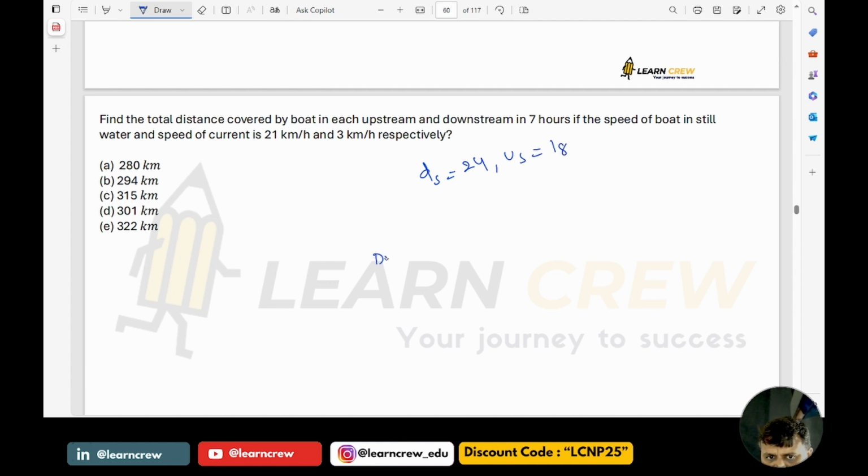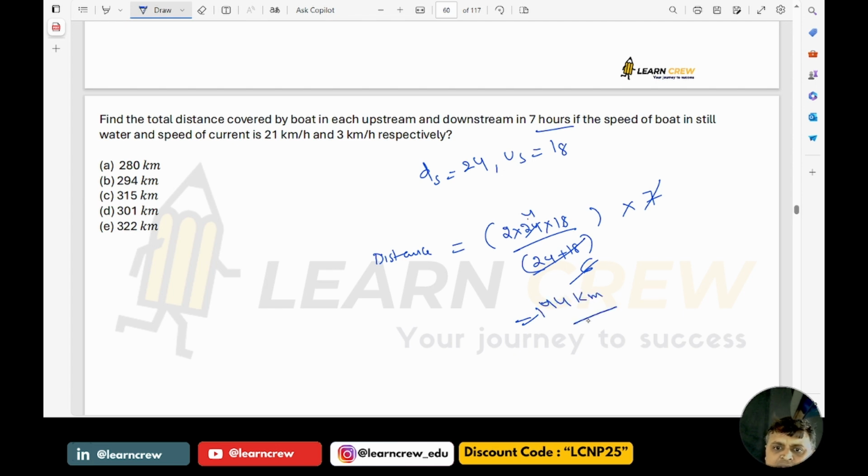Total distance is equal to speed into time. Total time taken is 7 hours. So distance is average speed, 2xy divided by x plus y. 24 plus 18, 42. 7 6s are 6 4s are... 2 4s are what? 18 4s are 72, 2s are 144. 144 kilometers. Am I correct?